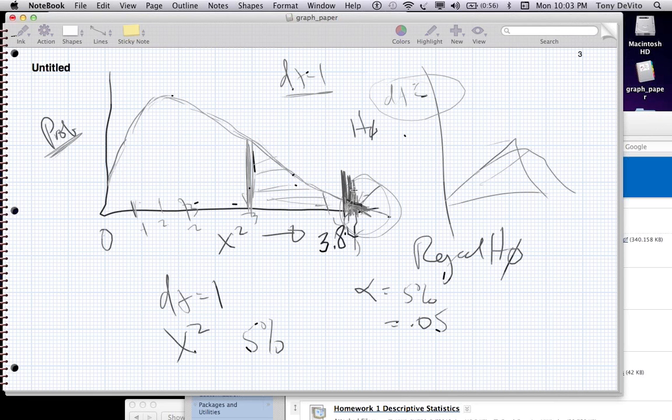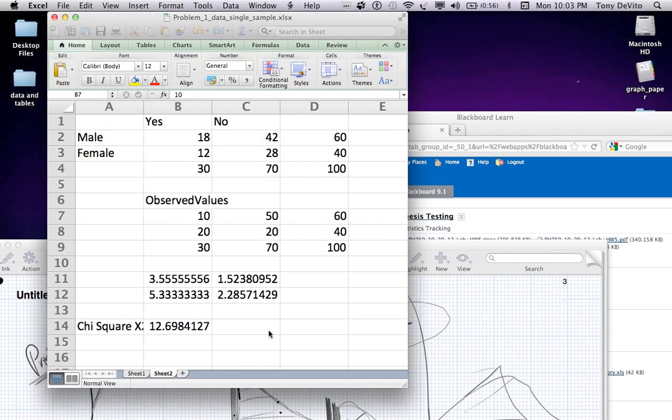Any chi-square bigger than 3.84 leaves less than 5% chance of being wrong. So when I have 1 degree of freedom, I'm looking for a chi-square value of 3.84 or larger before I reject the null hypothesis.